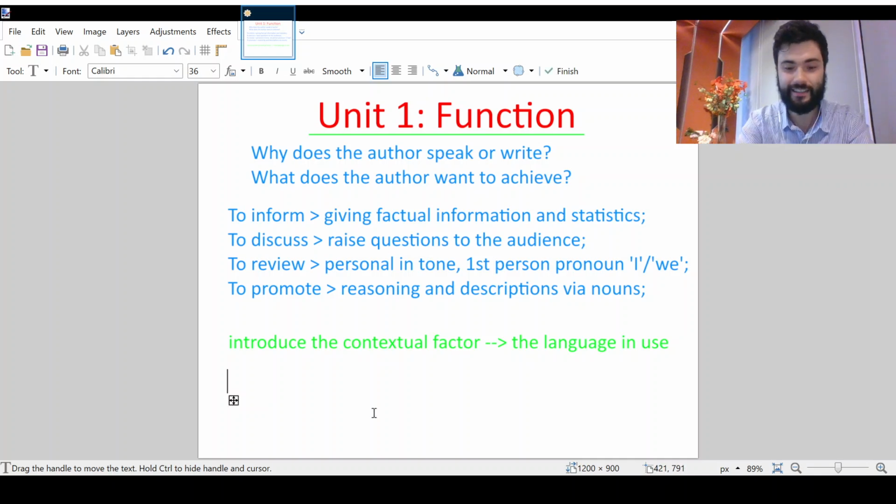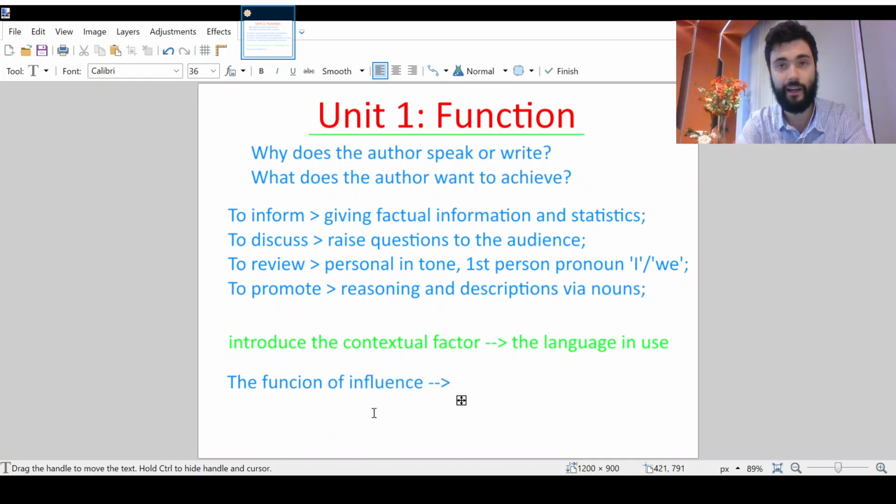Let's say that the function of influence can be evaluated with the help of the use of modal verbs. So the modality or modal verbs.